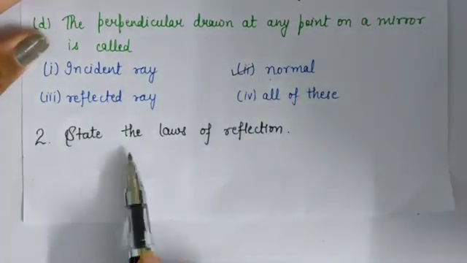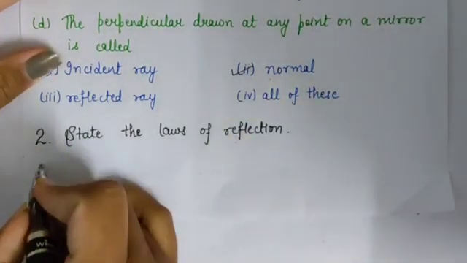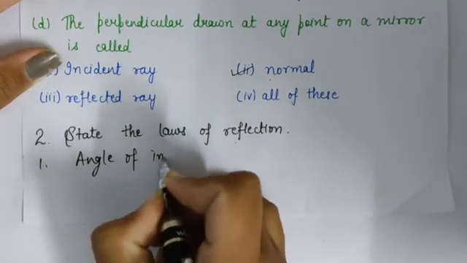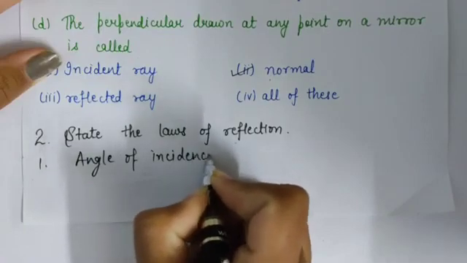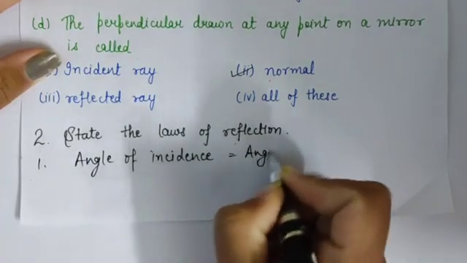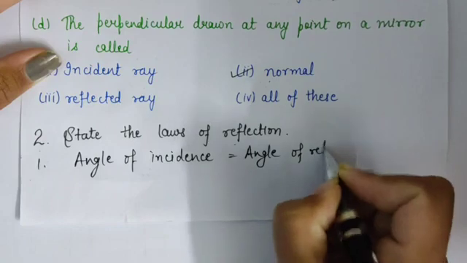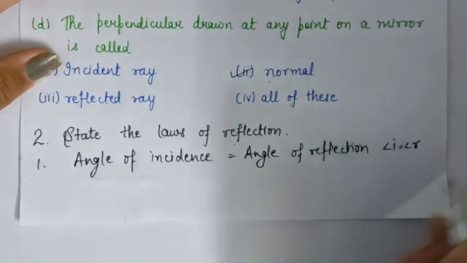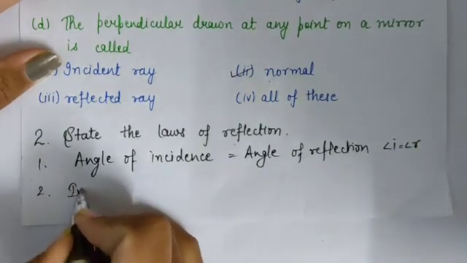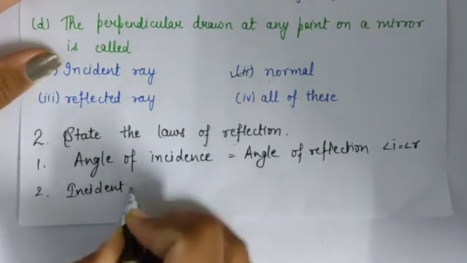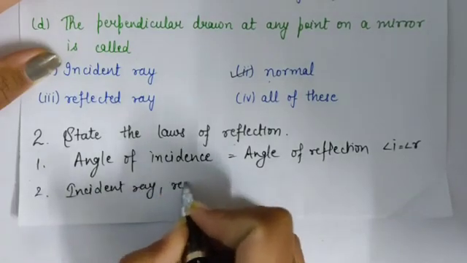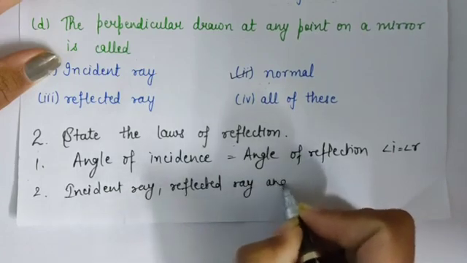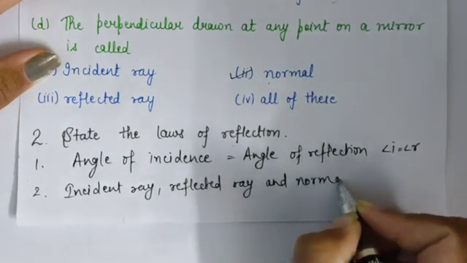Now second question, state the laws of reflection. So first is angle of incidence is equal to angle of reflection, means angle I is equal to angle R. And the second law is incident ray, reflected ray and normal all lie in the same plane.